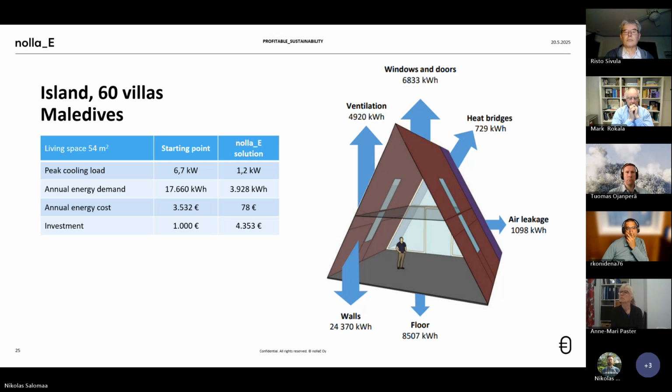Also there, the initial design would have led to annual energy costs of 3,500 euros for one of these villas, and the combination of energy efficiency measures that we found lowered that to 78 euros.